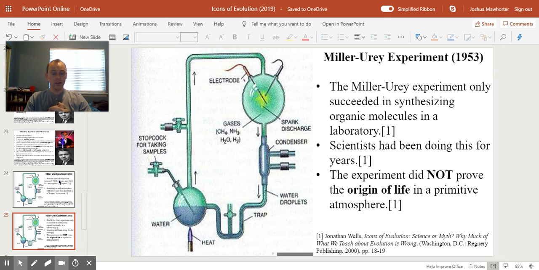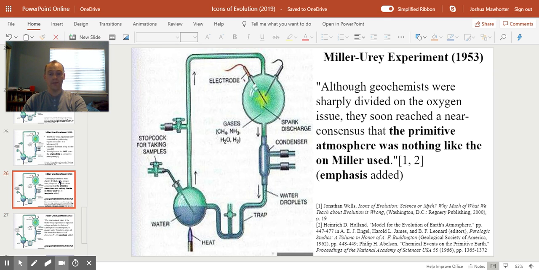This is not evidence for evolution, and it's been proven wrong and recognized to be so by scientists for many years. However, it has not caught up to the textbooks, and this is still seen as the model giving evidence for the theory of that primitive atmosphere and that emergence of original biological life.